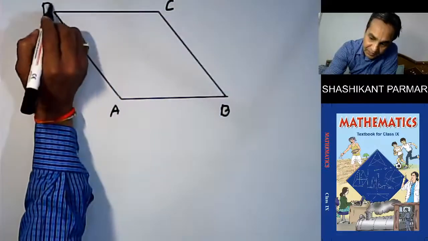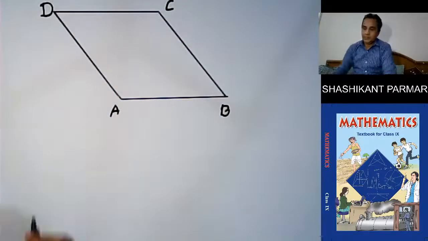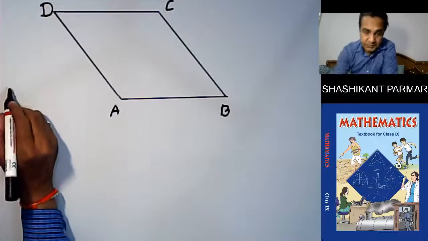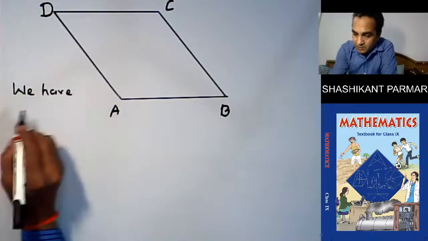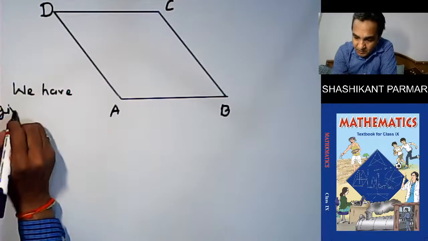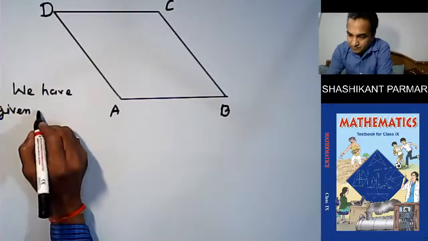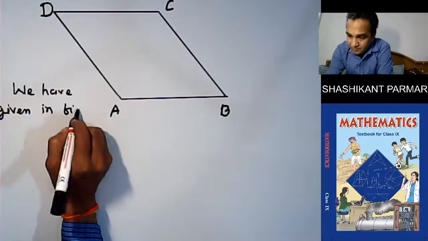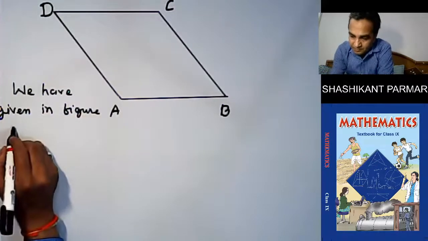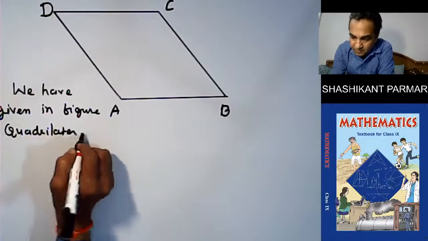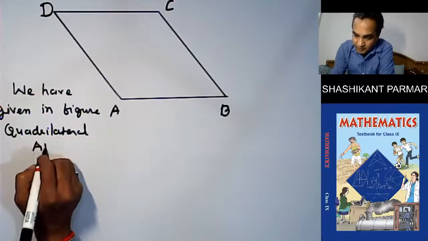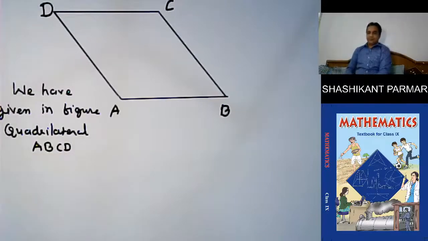Quadrilateral ABCD. See here and try to understand.